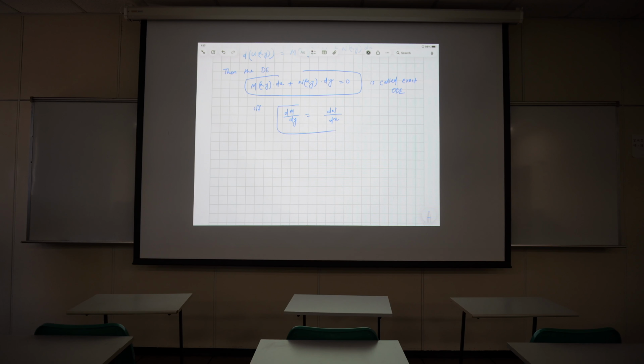If this condition is true, then this ODE is called an exact ODE. Right? So this is what we discussed in the previous class, and I told you one way how to solve this problem.